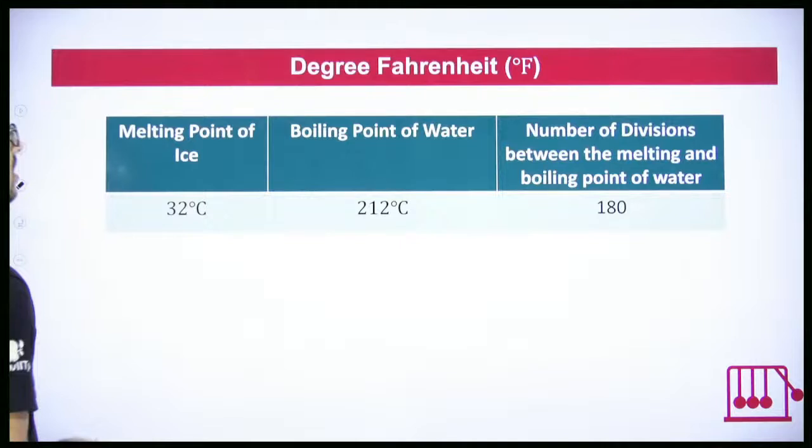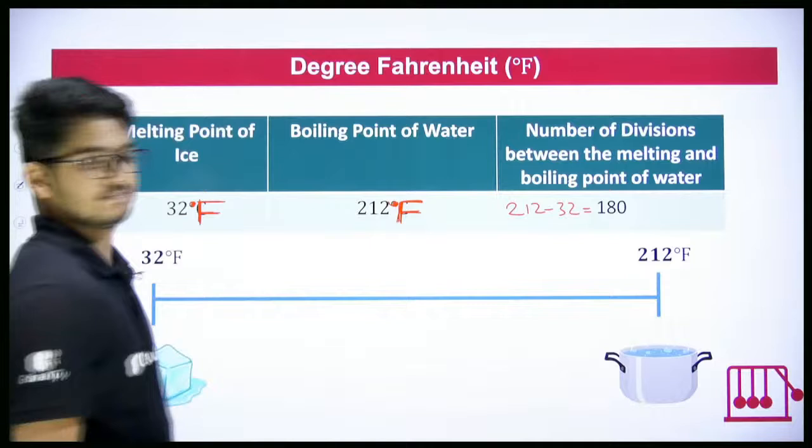Do not forget to take it as degree Fahrenheit. Degree is very, very important. Some things we have to remember: for Celsius, the melting point of ice is 0 and the boiling point of water is 100. For Fahrenheit, the melting point of ice is 32 and the boiling point of water is 212.